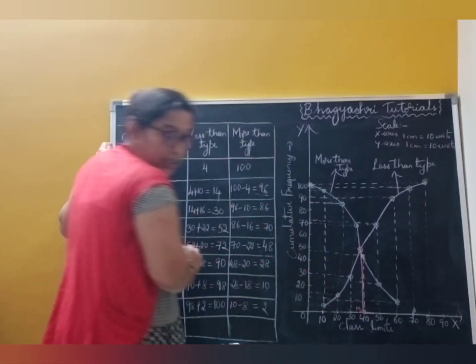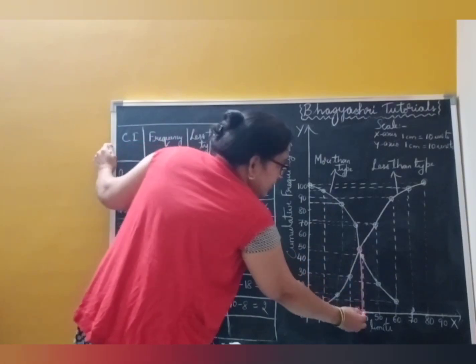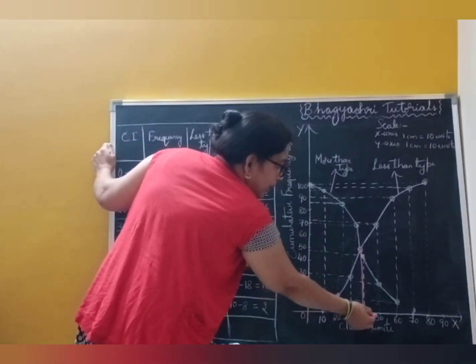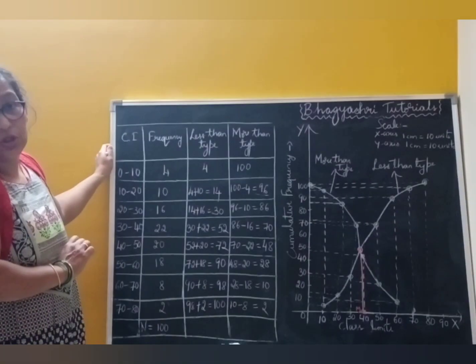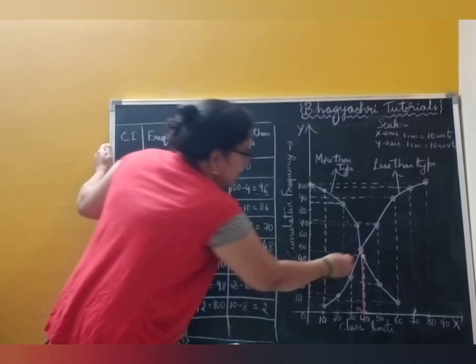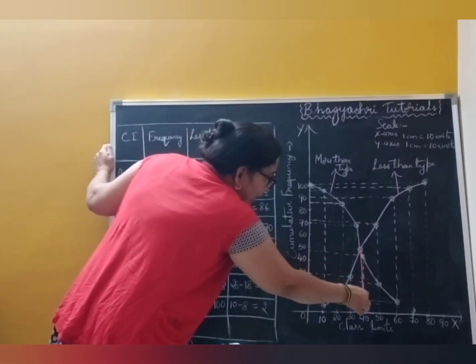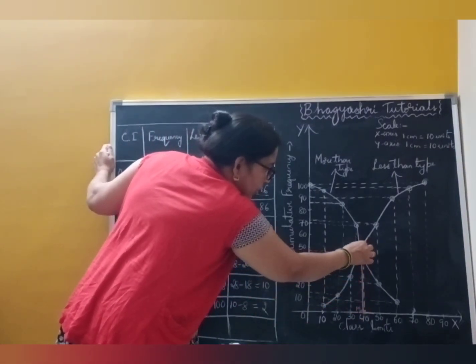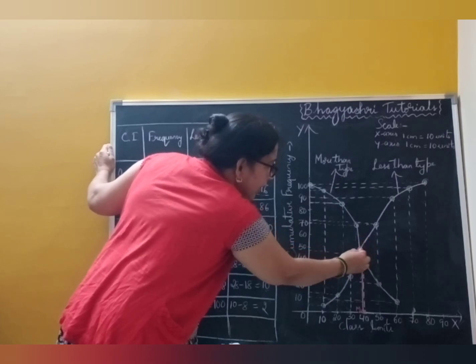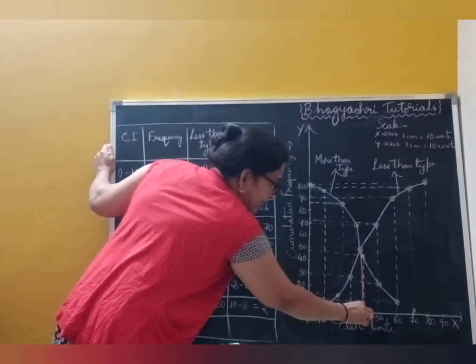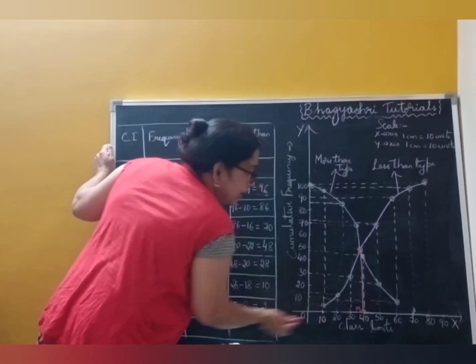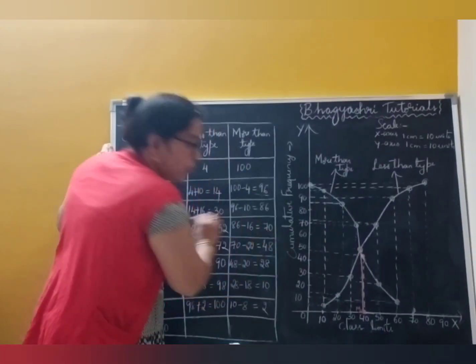It is 39. The corresponding value of this point on the x-axis is the median of this frequency distribution. The line segment drawn from the intersecting point of the ogives to the x-axis is perpendicular to the x-axis and parallel to the y-axis.